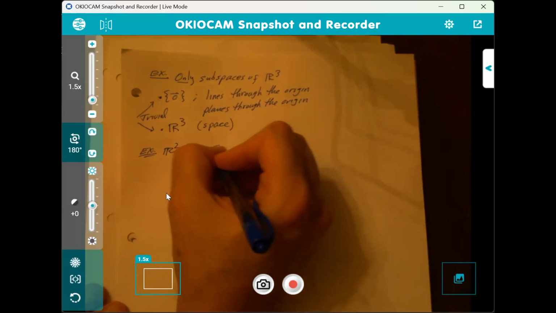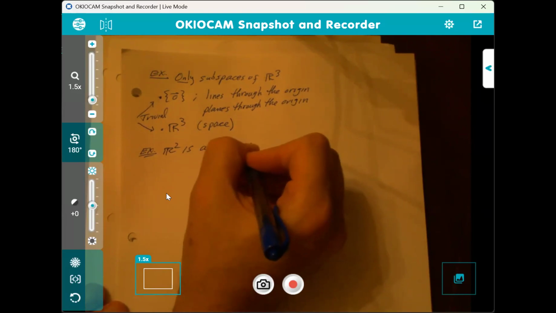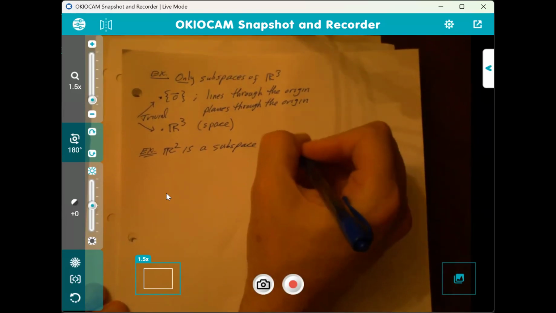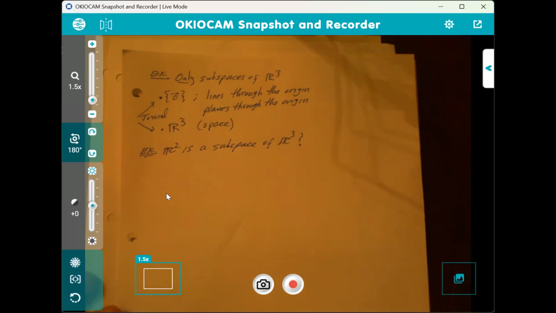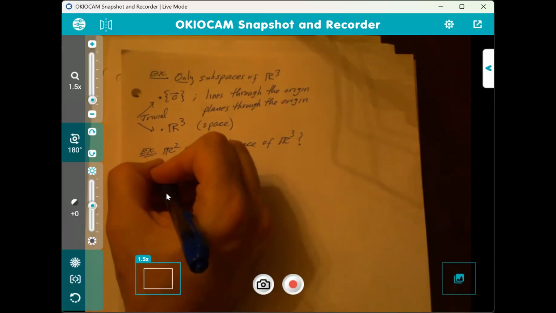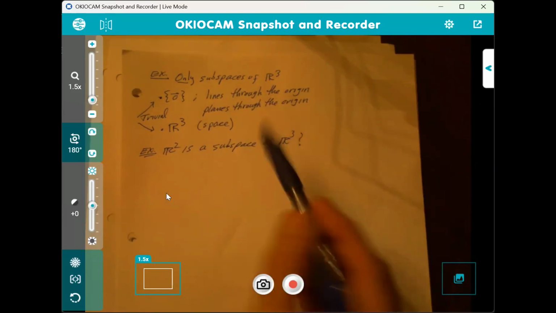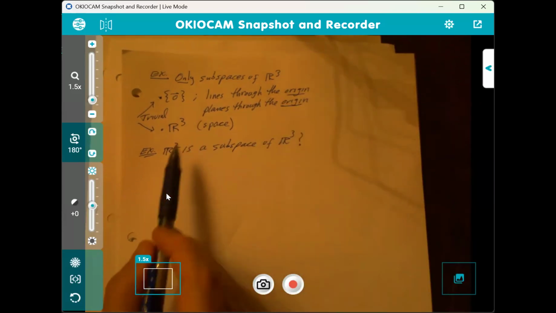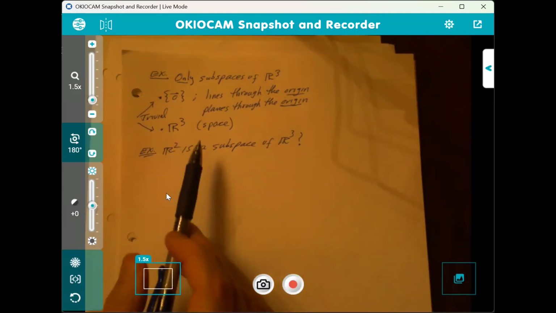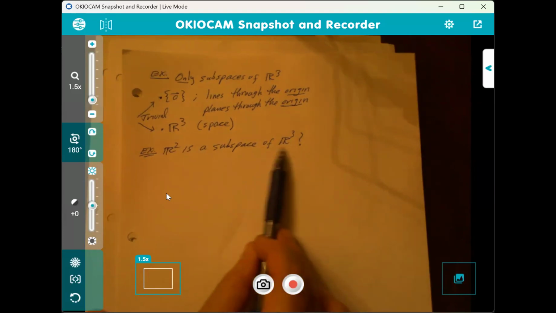Can I make that statement without any conditions? Isn't R2 just a plane through the origin? So yes. Now remember, if it's through the origin, but I'm removing the origin out of this one, I'm making it general, then no. All planes are subspaces of R cubed?